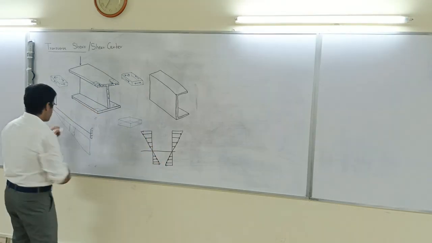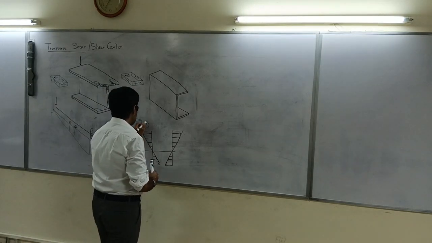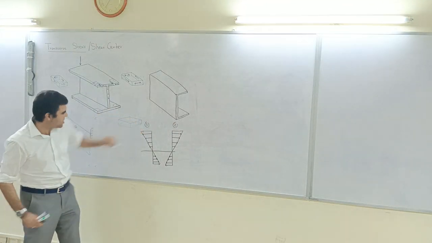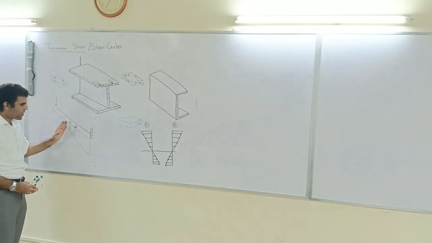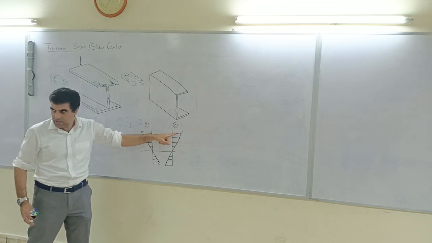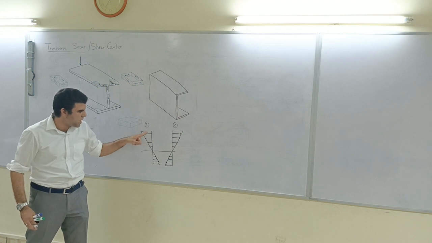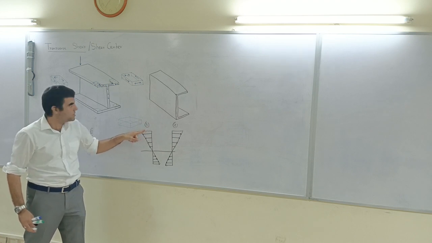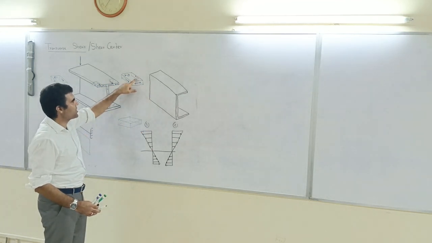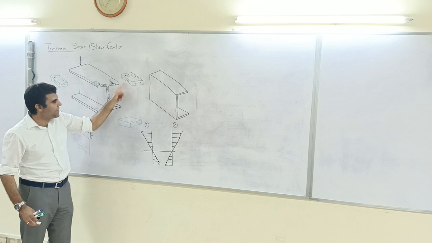So it's the same section, say 1 and 2. Now 1 is closer to the load, so this one is less, and this one is more. If this one is less, then we have to apply load in this direction. We have applied the load in this direction.